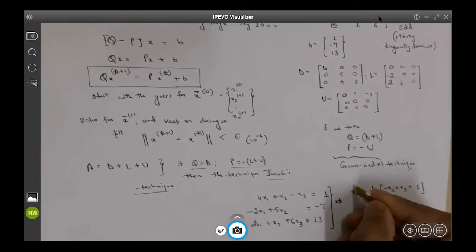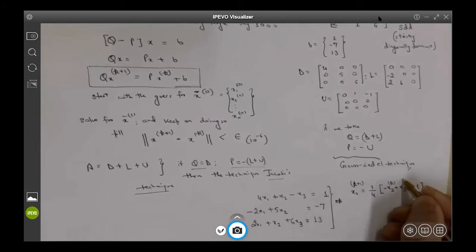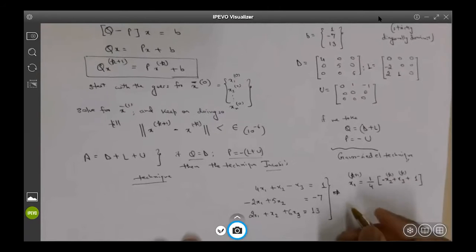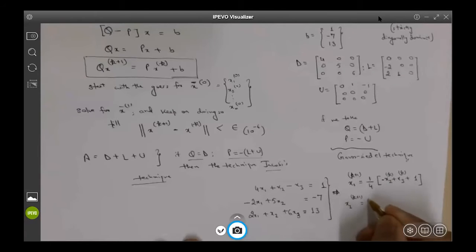And I use an iterative technique. So I will say this is the k plus 1th iteration, this is the kth iteration, this is the kth iteration. Similarly, from the second equation, what I will get is x2 for the k plus 1th iteration is 1 over 5, 2x1 for the kth iteration, negative 7.